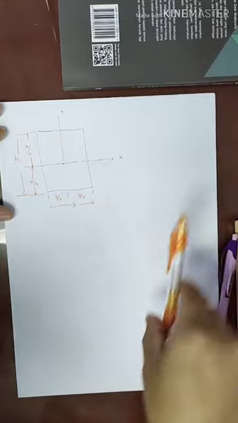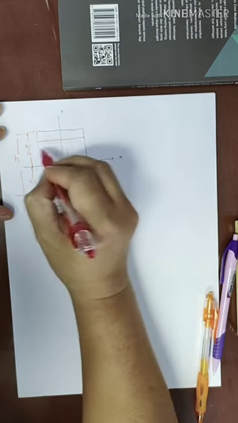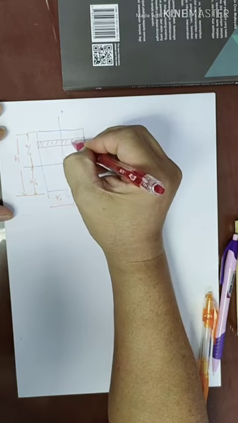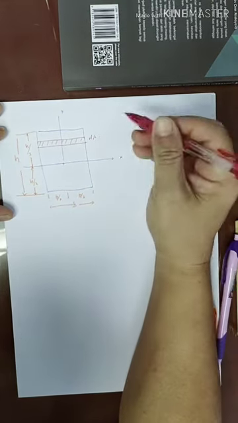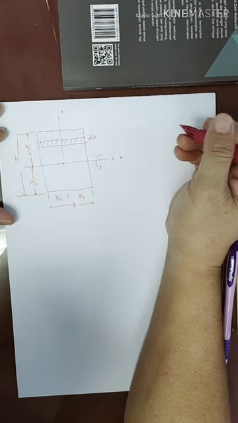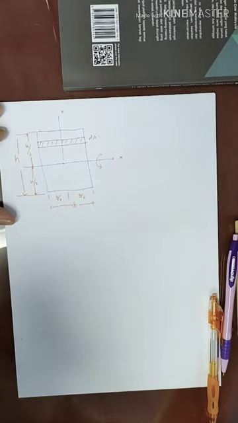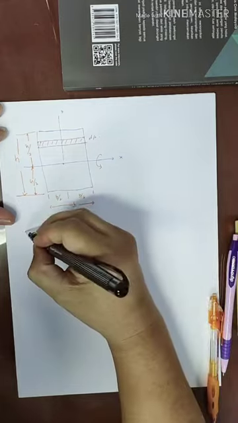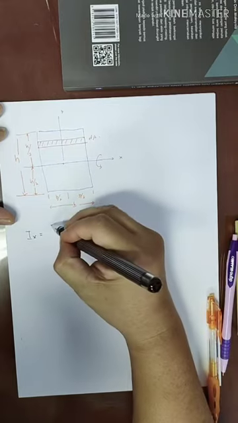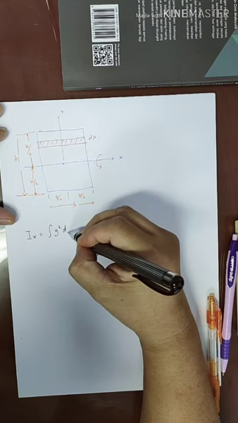Okay, so let's say there is one element here, call it element dA, that needs to be rotated through the axis. So we can say that the Ix is equivalent to the integration of y squared dA.